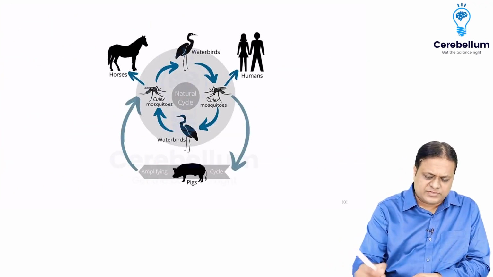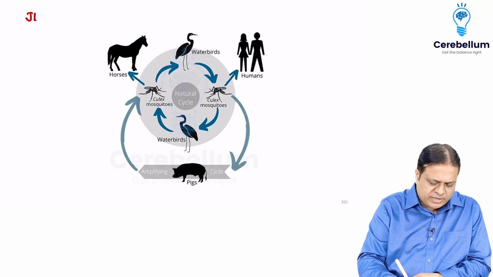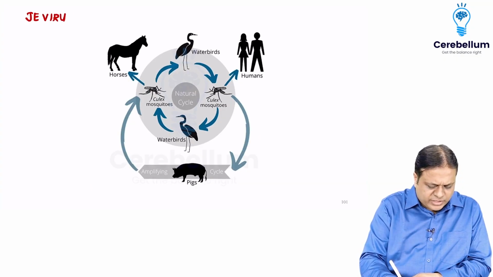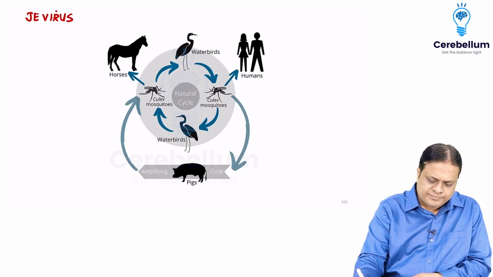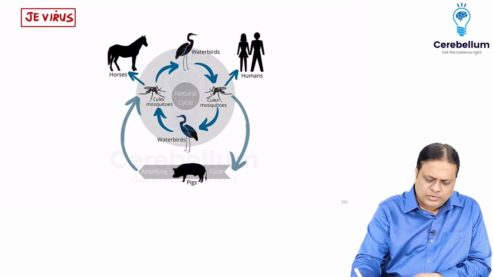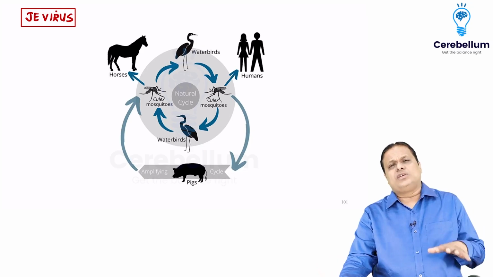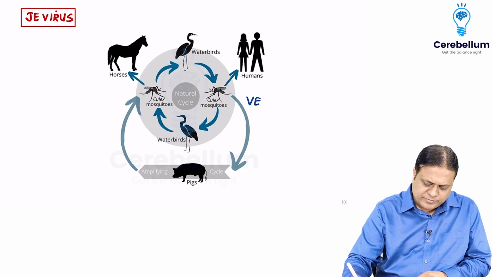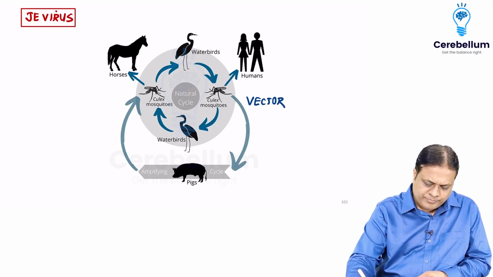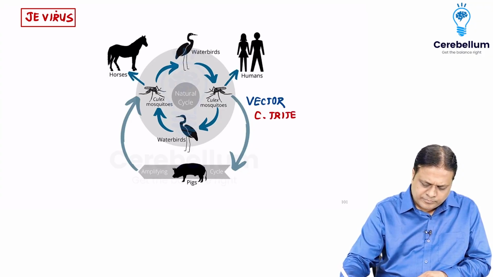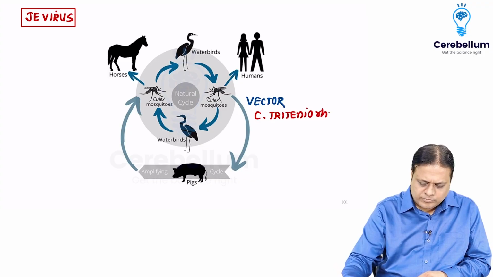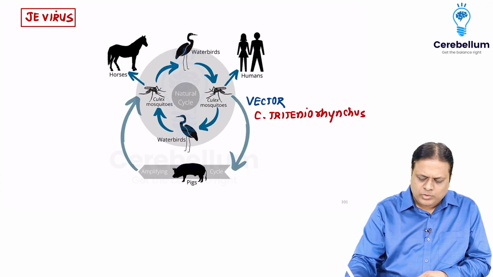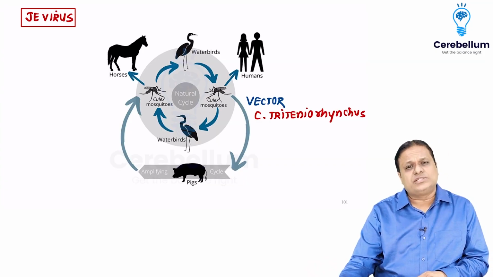This is the life cycle of Japanese encephalitis virus, another arboviral disease. Now, when we look at JE, it's caused by Japanese encephalitis virus, but its vector is Culex tritaeniorhynchus. Culex vishnui and gelidus are also its vectors.